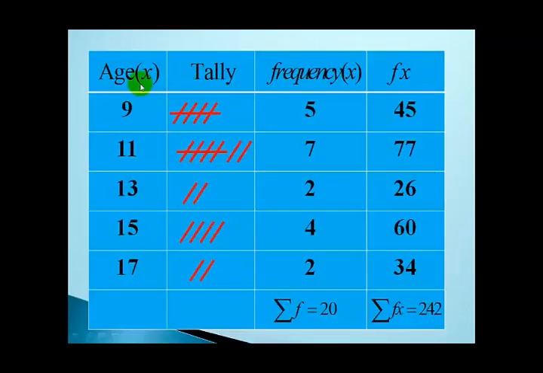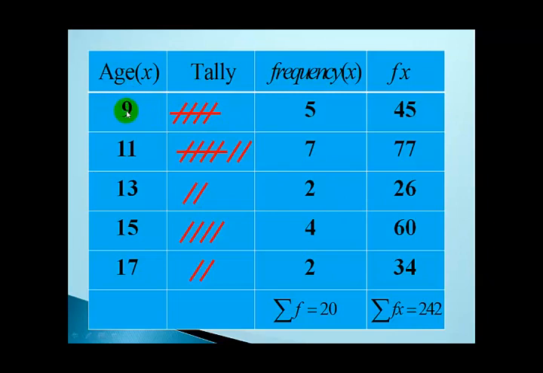Now we have the table, we have the age, that is X. We have 9, 11, 13, 15, 17. These are the tally. We have the frequency and the fx. Now with the tally, when we consider 9, we go back to the data and count.